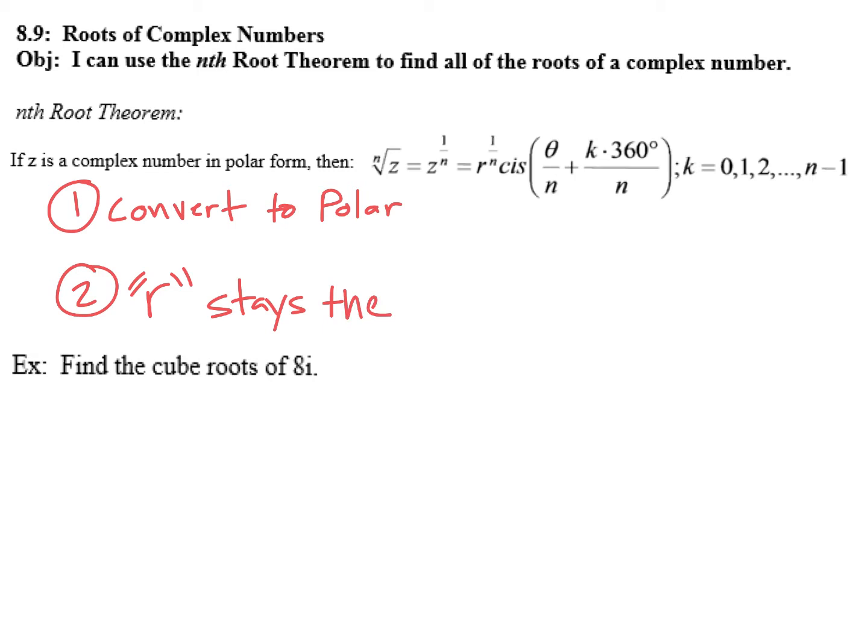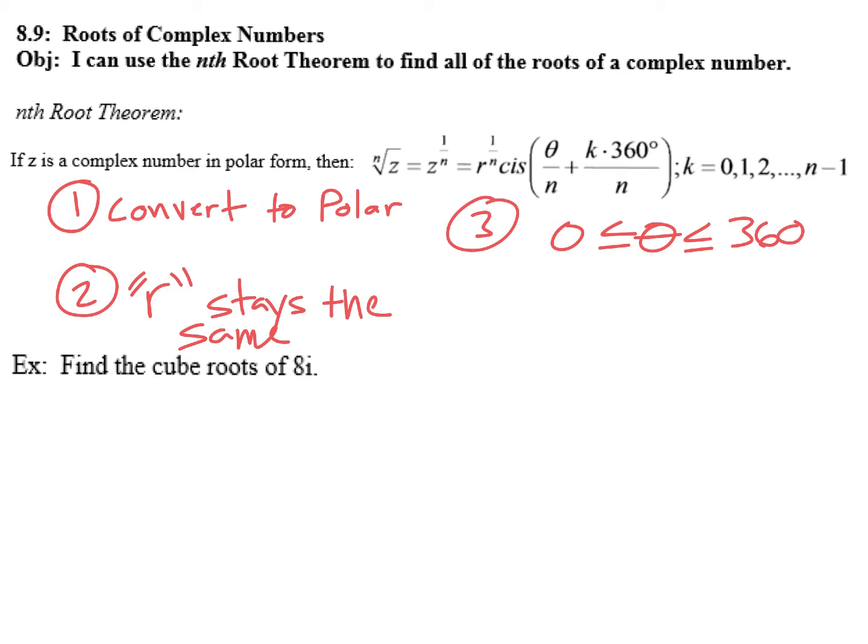Two, as you're finding roots, know that r stays the same. You just need to find r once, and that just stays. And 3, as far as answers that you're finding, you're looking for angles between 0 and 360, okay?